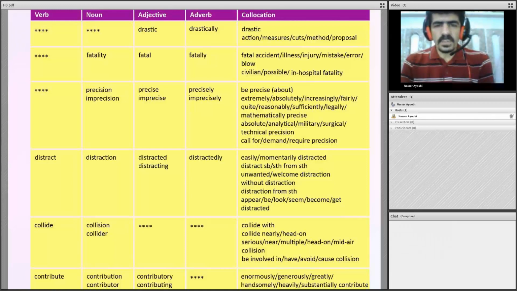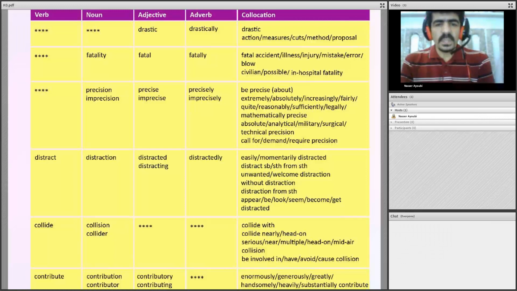Collocations. Be precise about, extremely precise, absolutely precise, increasingly precise, fairly precise, quite precise, reasonably precise, sufficiently precise, legally precise, and mathematically precise.